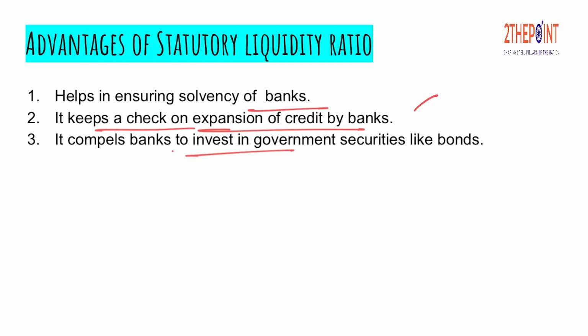After a certain limit, they prefer to buy or keep government securities in the SLR quota. So by this they are bound to subscribe to government securities, because that is only allowed under statutory liquidity ratios, and no other securities are acceptable by the RBI. So these are the advantages of maintaining SLR.